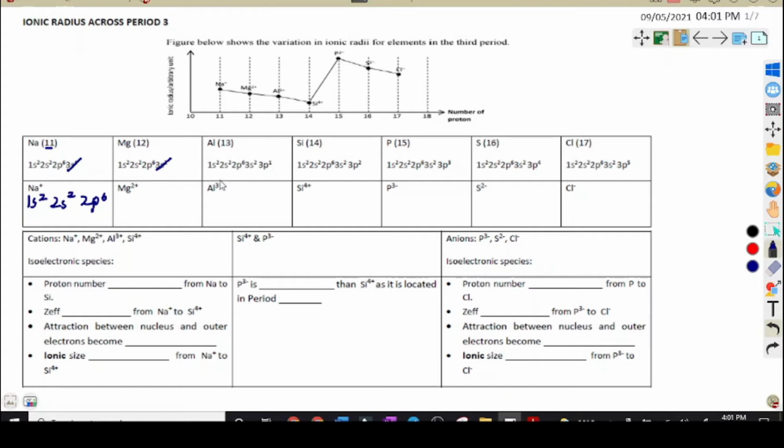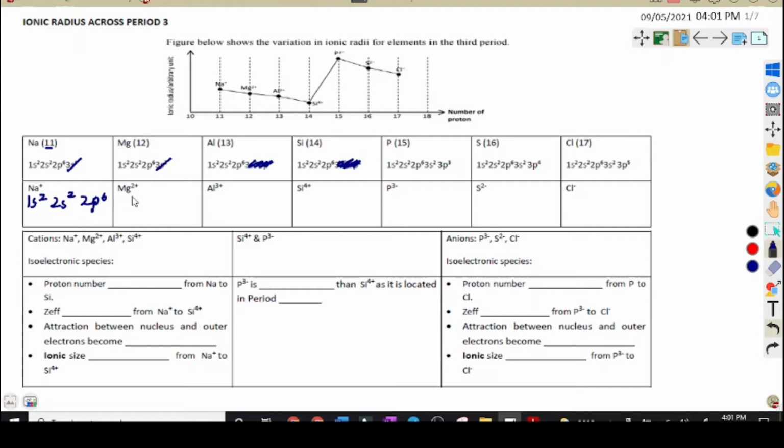For aluminium, Al3+, so we're going to remove the 3s2 together with 3p1. For silicon, which is going to form a charge of 4 positive, we're going to remove the valence shell of 3s2 and 3p2. So write down all the new electron configurations for these ions.